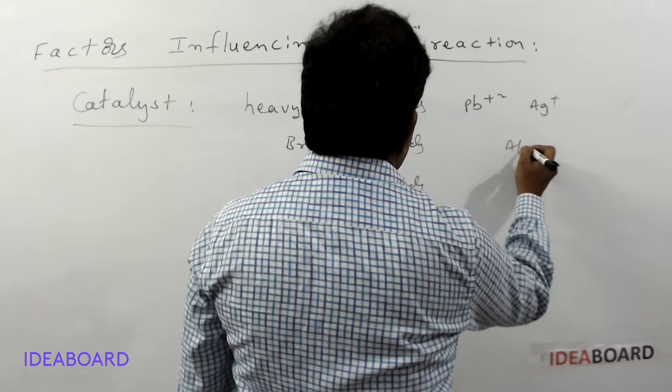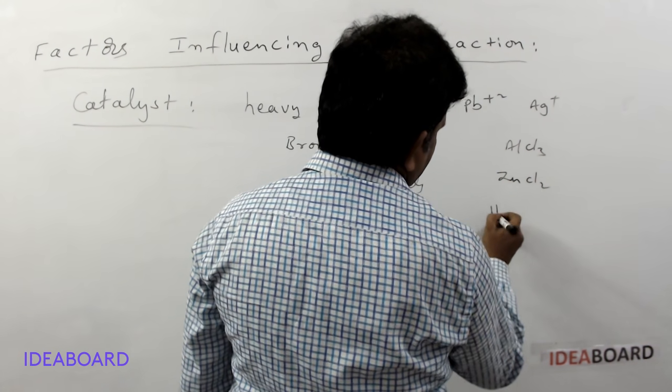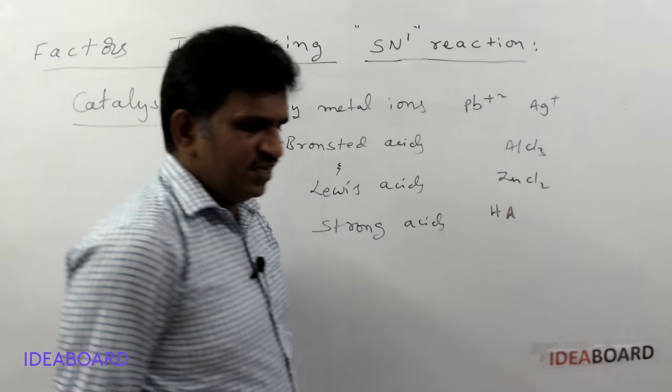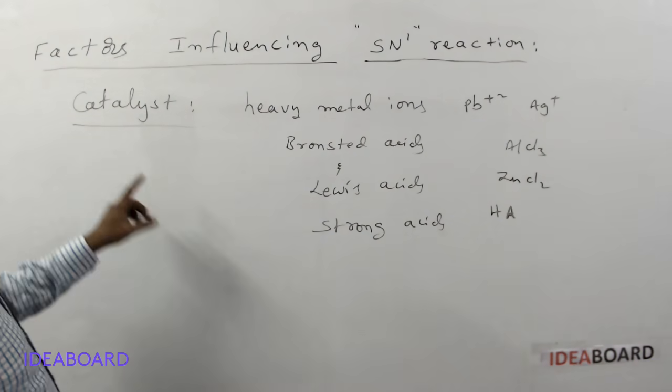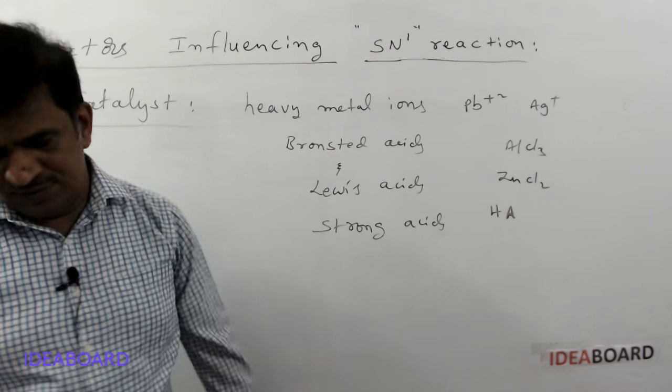Examples are AlCl3, ZnCl2 and HA type acids. Here, compounds containing a more electronegative atom A will act as catalysts for SN1 reactions.